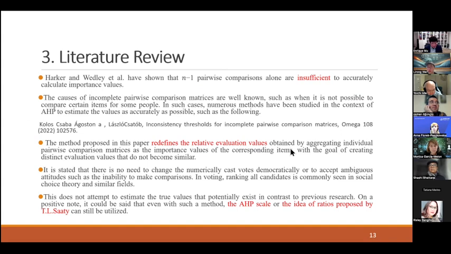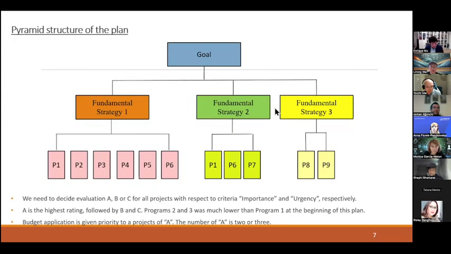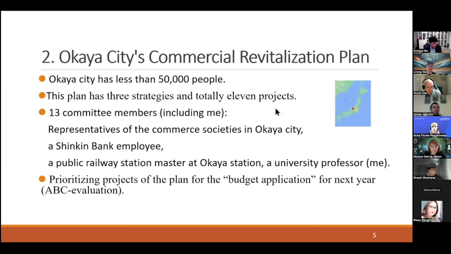In this case, my main goal is to obtain evaluations which have very different values, because our aim is to decide an ABC rating for all policies.